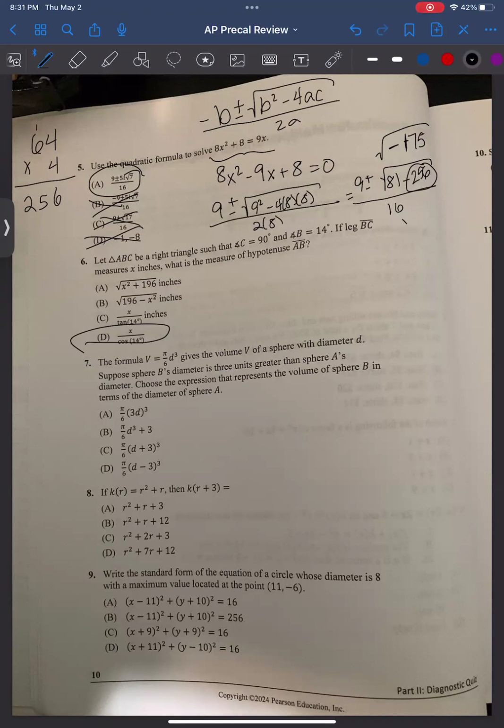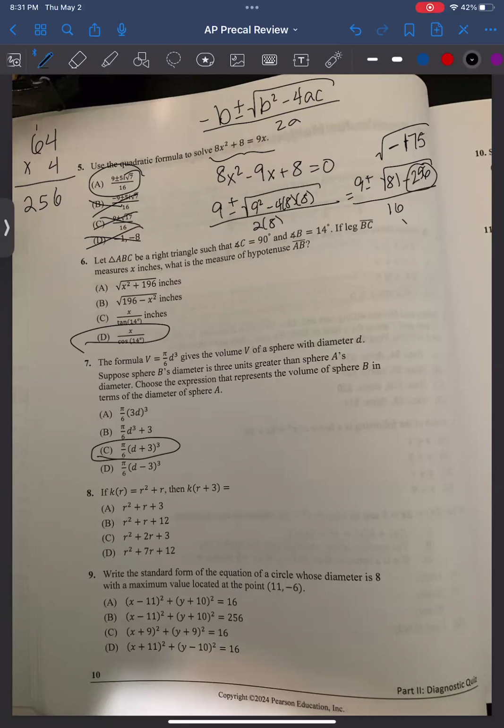It's sent to me. Right, so that is correct. It is C.